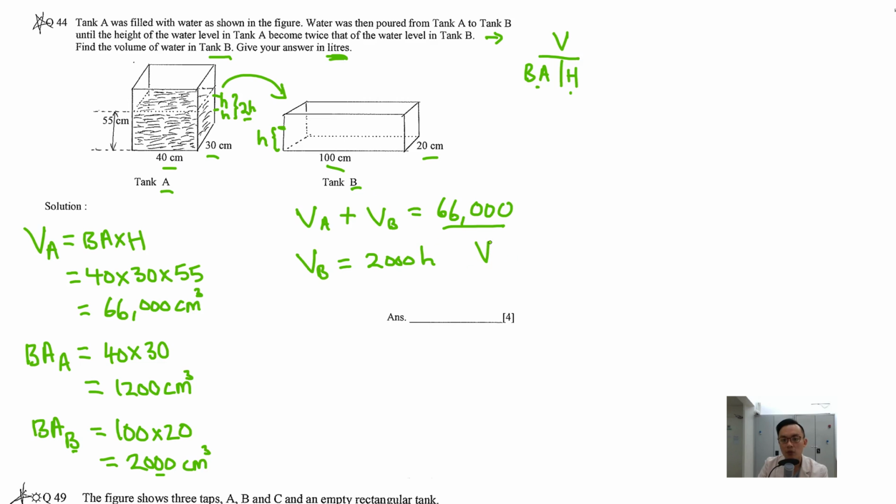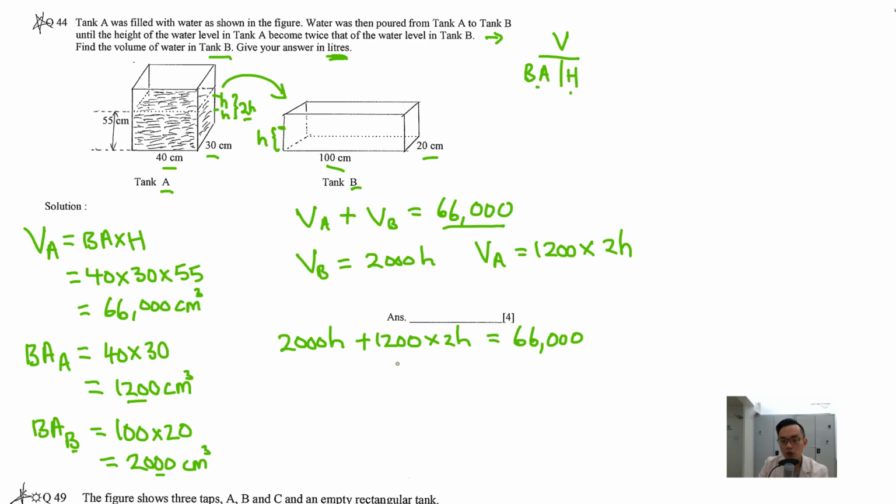All right, and the volume in tank A is equal to base area 1200 times the height 2H. All right, so 2000H plus 1200 times 2H equals 66,000 cm cube.